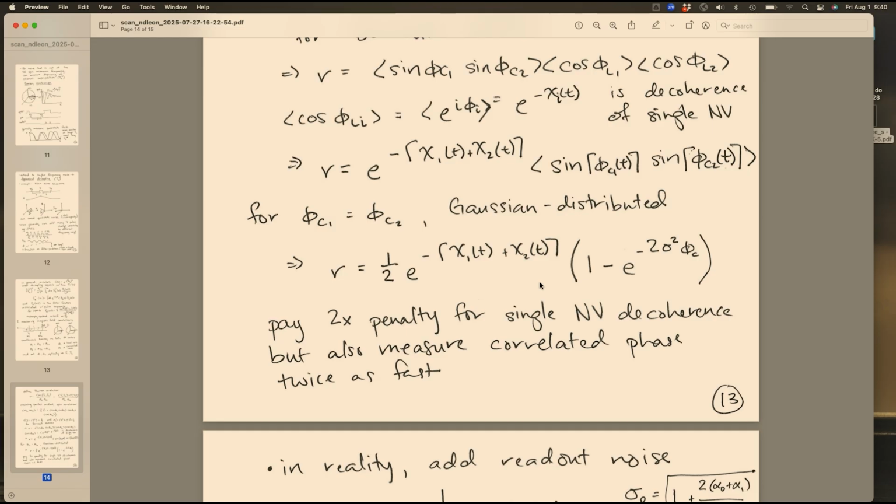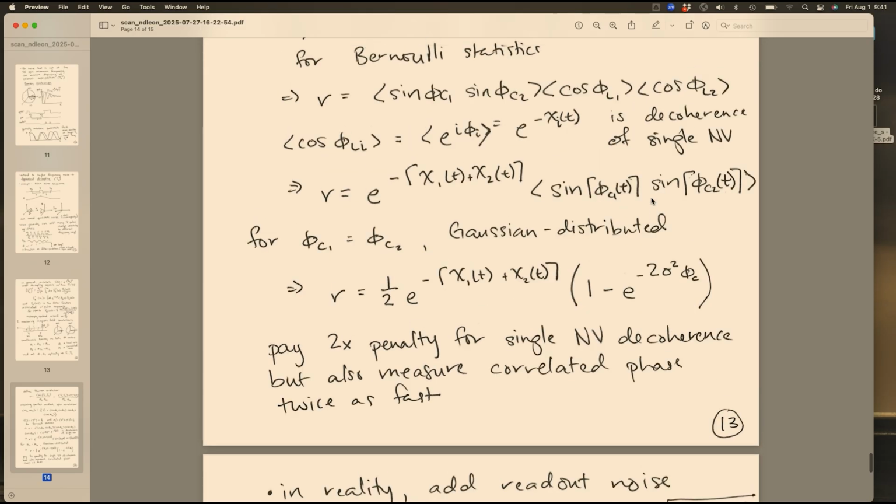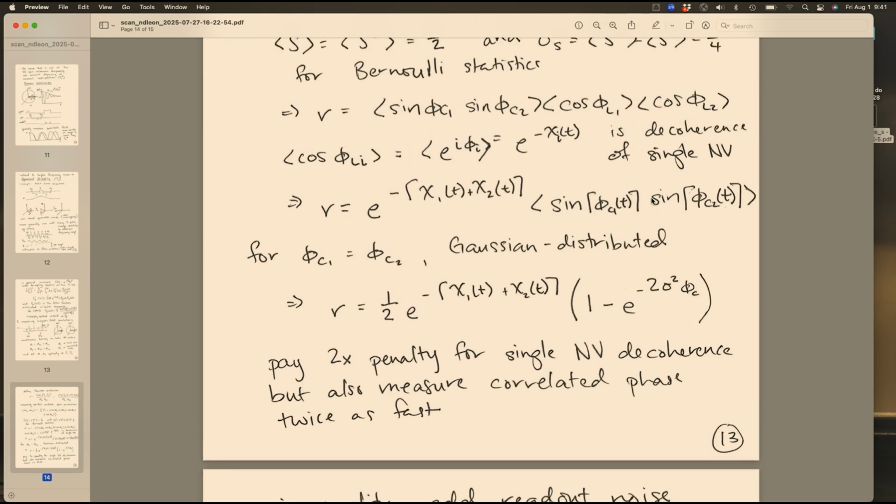If I add a sensor, it's better because I get better statistics, but if everything was perfect, it's worse because it decoheres faster. Okay, so we also pay that penalty here. But we also measure this correlated phase twice as fast. So it's kind of okay. Okay, so that's the perfect case.